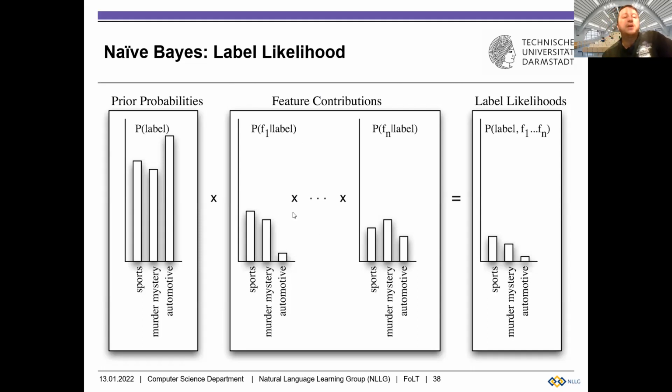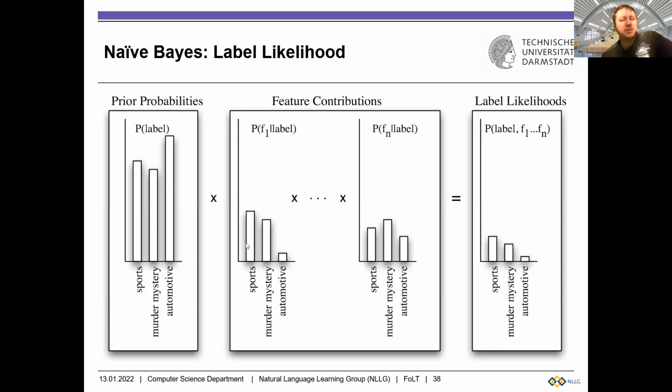And then for each of those features, we check what is the probability of the label, for example, the probability that the label is automotive, given that the word is run. What's the probability that the word is run given the label murder mystery? What's the probability that the word run occurs given that it is a sports document?